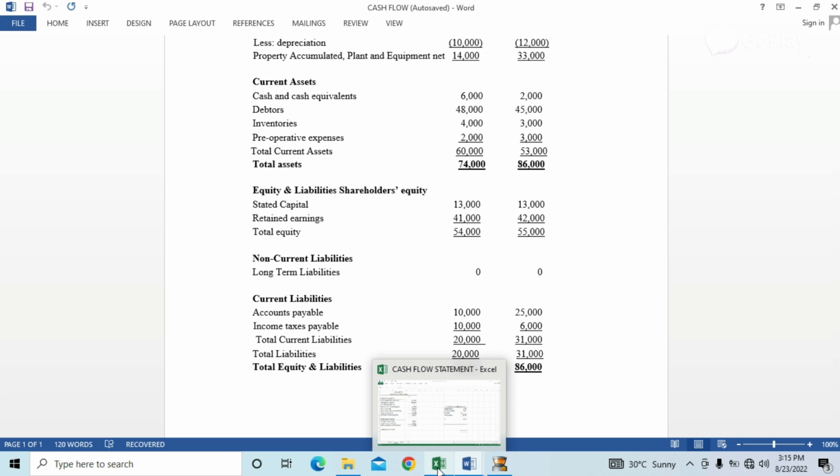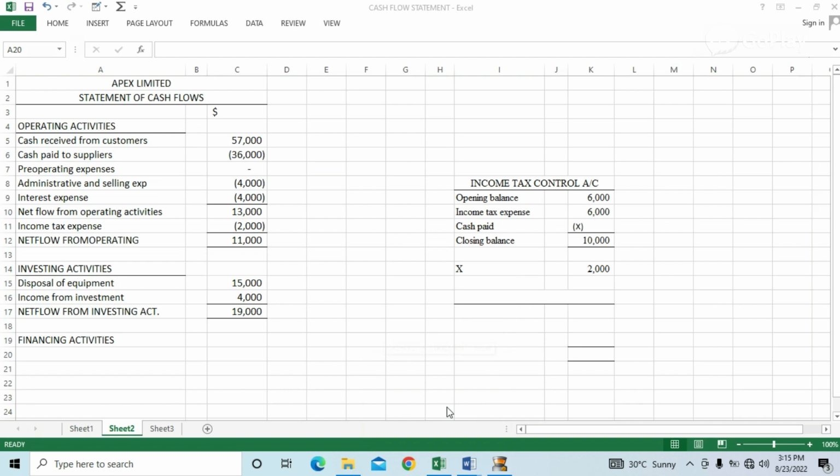So let's move to our Excel and prepare a control account for retained earnings. So we have something like retained earnings.